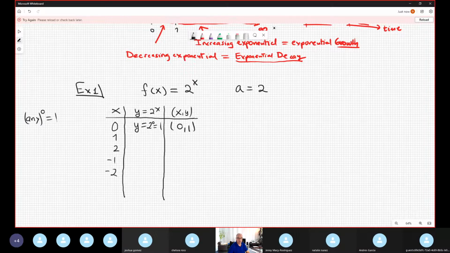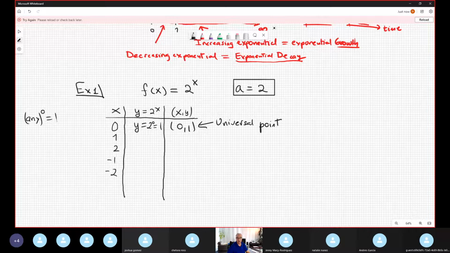Wow. This is any number, regardless. What is the base? It's not important the base. It's equal 1. This point is universal point. Universal point for any exponential functions is 0, 1. It's a y intercept.